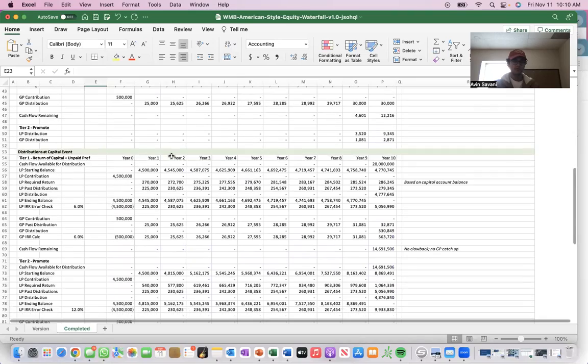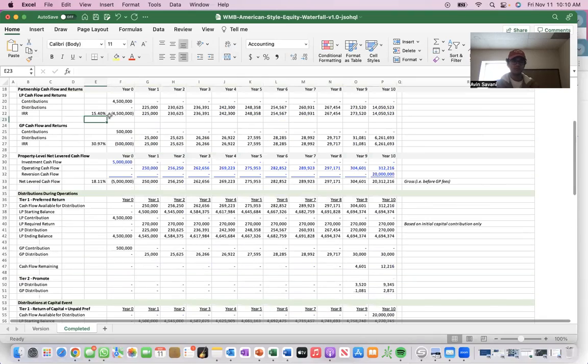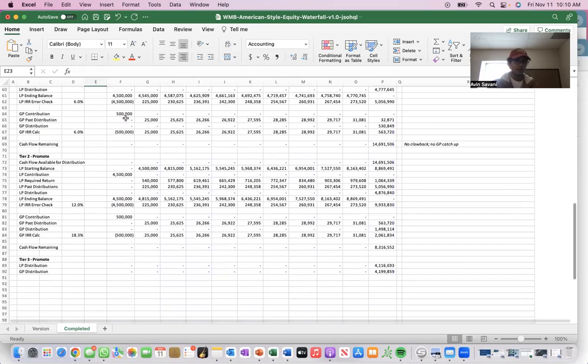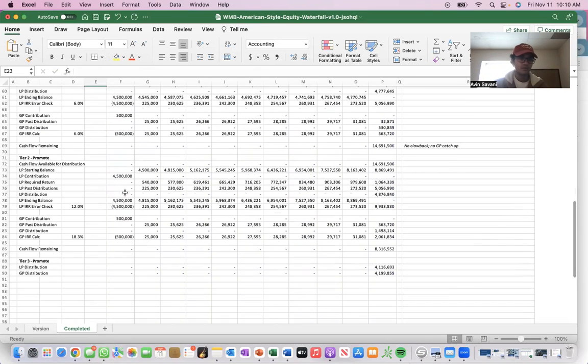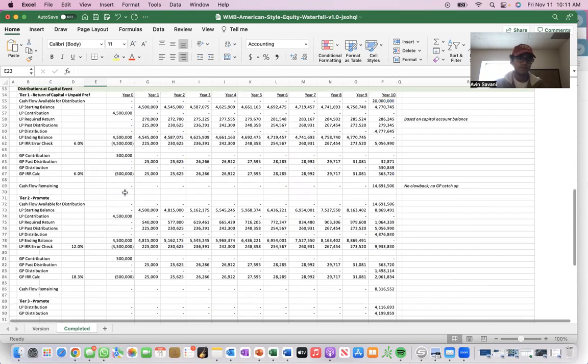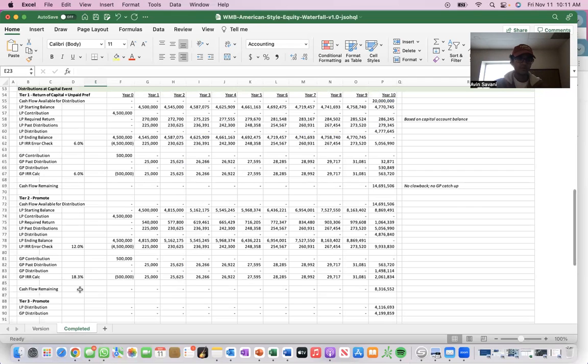I think they're just calculating what the distribution cash flows internal rate of return is. So if you look down here, you'll see LP IRR, error check for each one. I apologize, I'm kind of learning as I go as well. So this is kind of interesting to observe.